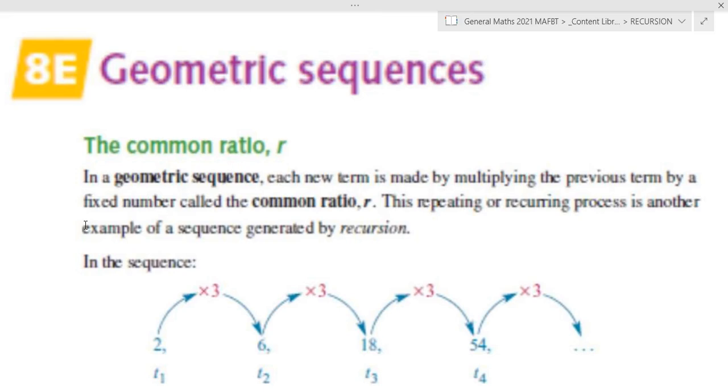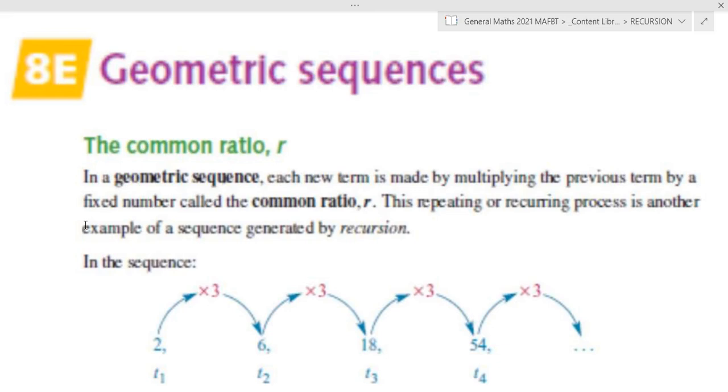And in terms of our criteria, what you need to be able to do today is calculate your common ratio. Now you might already have ideas of what that is. If common difference is the number that you're adding and subtracting by, common ratio is most likely something else. And you need to be able to generate a geometric sequence and also graph a geometric sequence, which we've already been doing with arithmetic sequences.